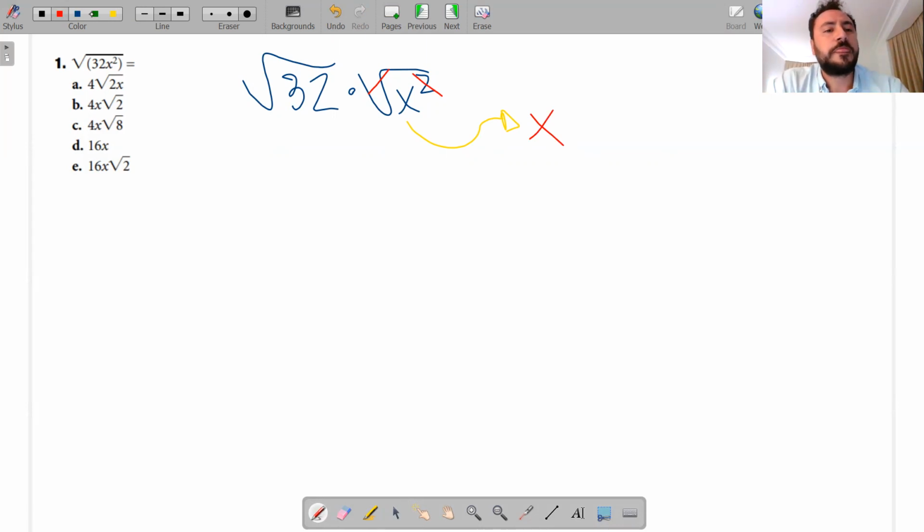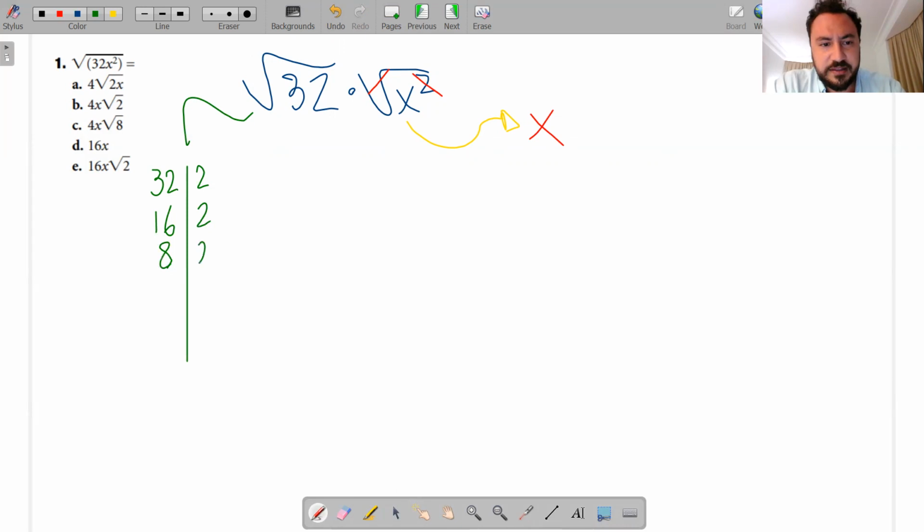Now, 32 can always be prime factorized. If we prime factorize 32, it is 32 divided by 2 is 16, divided by 2 is 8, divided by 2 is 4, divided by 2 is 2, and 2 divided by 2.